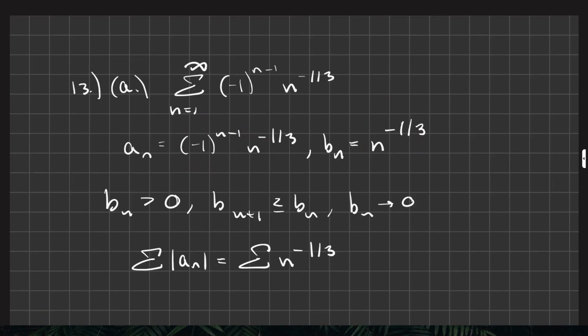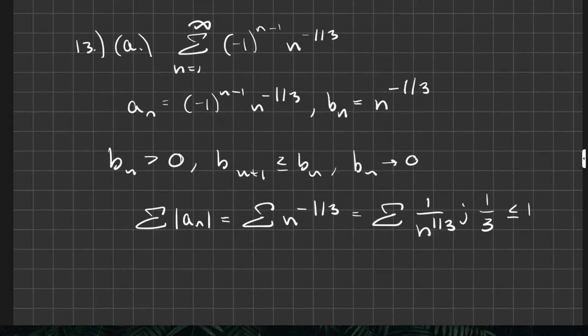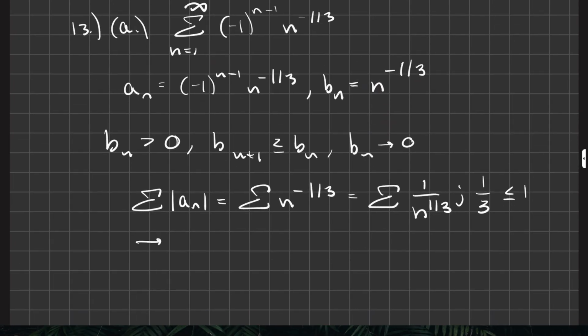Remember, we can rewrite this as 1 over n to the 1/3. And this series diverges by p series, right? Because we have 1/3, which is less than or equal to 1. So the sum of b sub n, right?